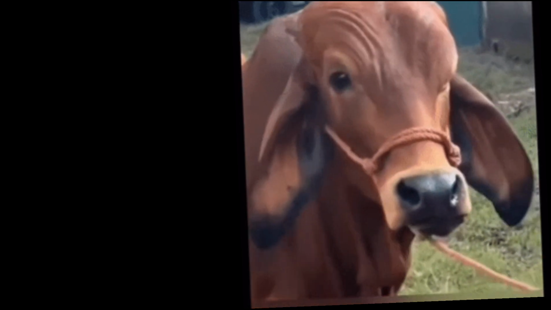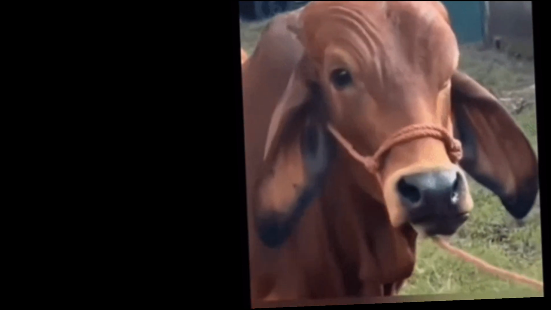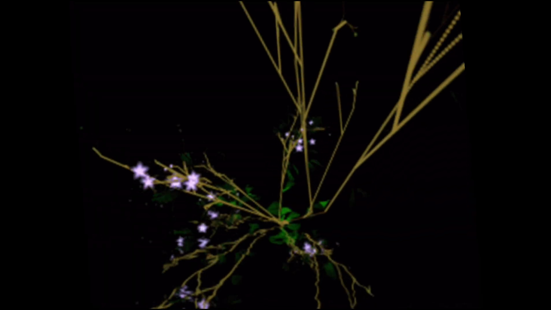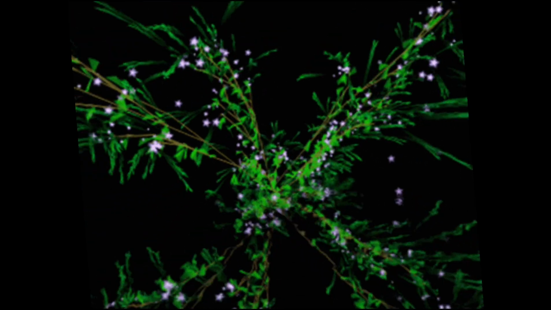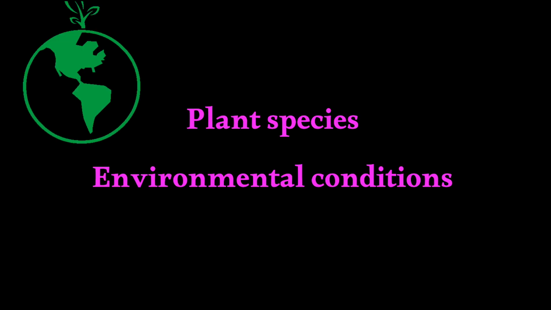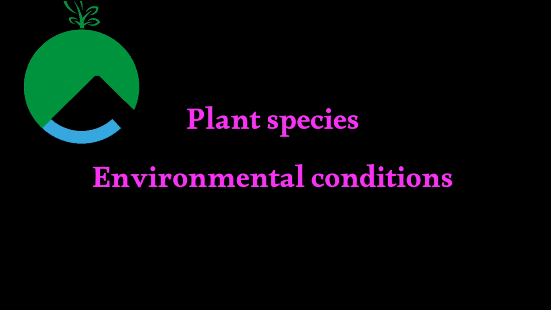For example, if animals are eating the leaves of the plants, it acts as a defense mechanism. It secretes up content so that the animals can't eat it. So its localized production triggers systemic signaling to protect other parts of the plant. Jasmonic acid's distribution varies depending on the plant species and the environmental conditions as well as the stressor. Now let's see the transport of jasmonic acid in plants.